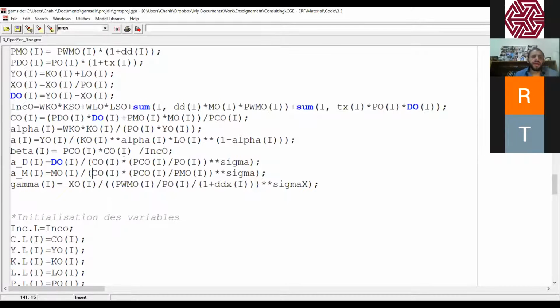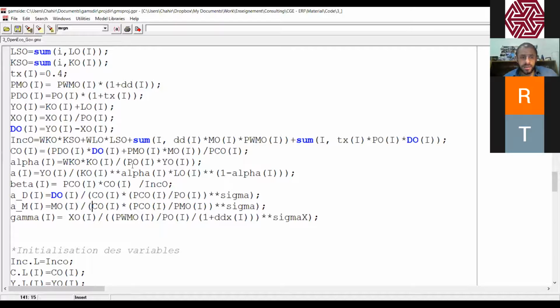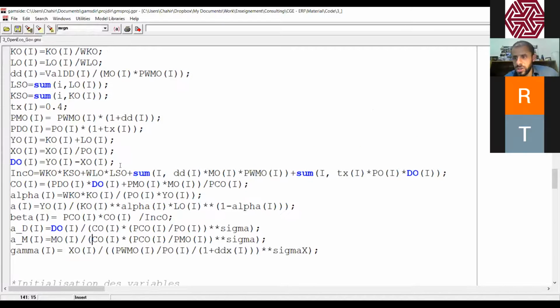Okay, any questions on the calibration? Anything that's not clear in the calibration before we move to the initialization? Any questions? Why is DO in blue? Because it's a command that is implemented in GAMS, but this will not change our coding. GAMS will still understand that DO is my domestic demand, given the fact that it was declared before. Okay, thanks. Other questions on the calibration?